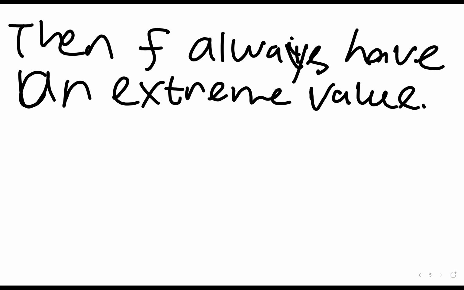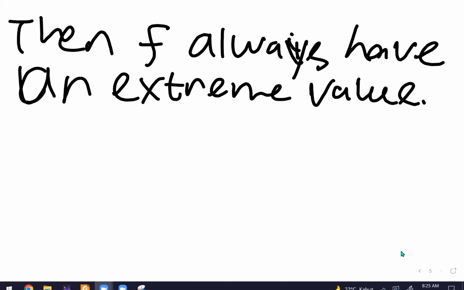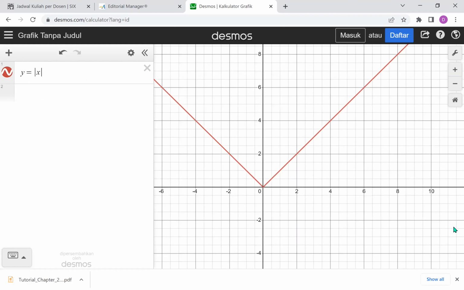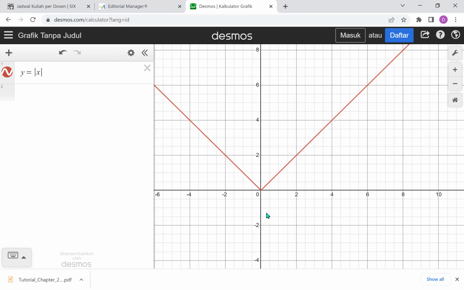In the previous picture, if I concentrate on the interval -4 until 2, the maximum is attained at -4, namely the boundary point, and the minimum is attained at 0.